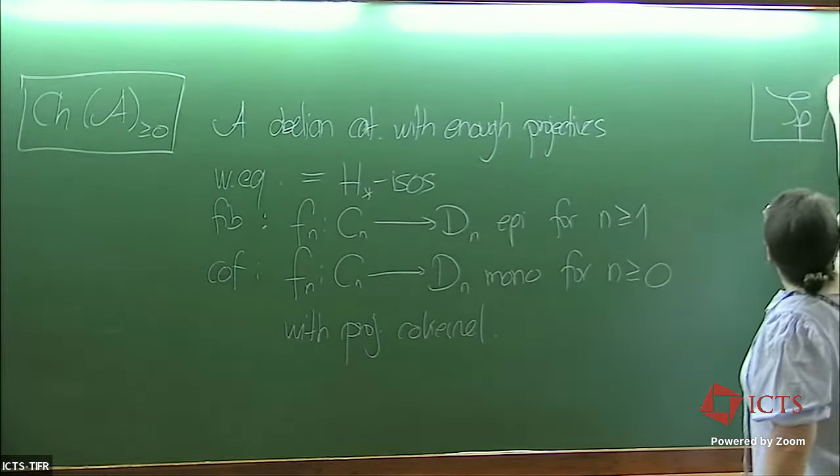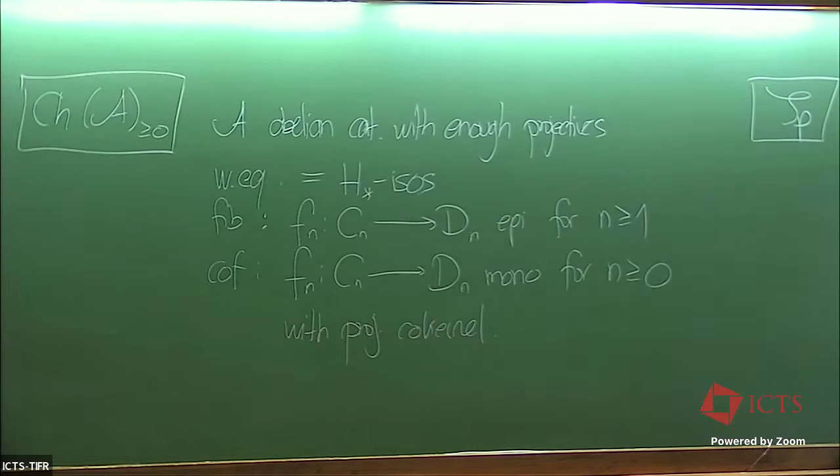So the thing that we will look at for chromatic homotopy theory is the category of spectra. Well, saying the category of spectra is not a good thing to say, because there are lots and lots of different types of spectra.